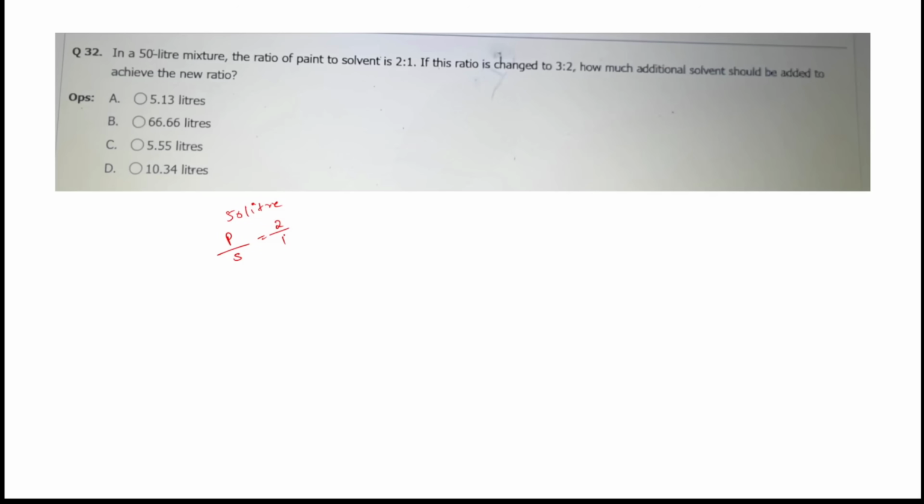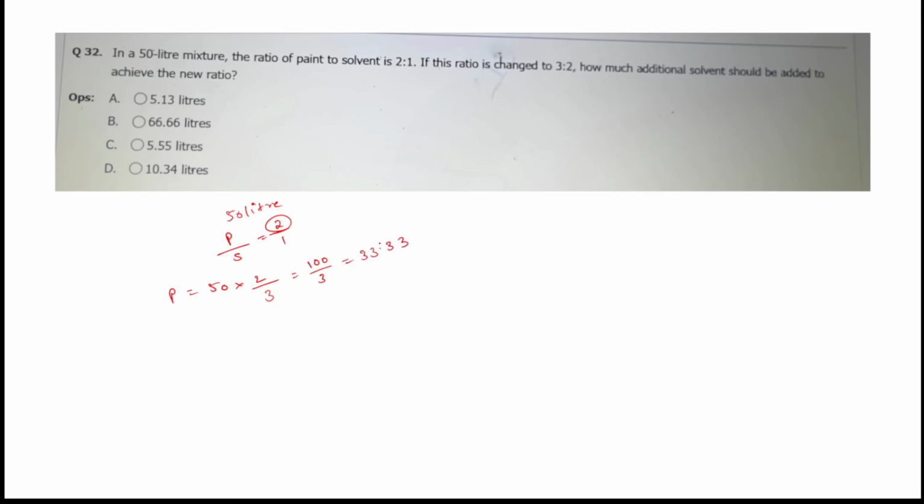So at first we need to calculate how many liters of paint are available in that mixture and also how many liters of solvent are available. So for that we calculate the paint like 50 into the paint ratio 2 by the total parts, 2 plus 1, 3. So here 50 into 2 is 100. So 100 by 3, which is equal to 33.33.